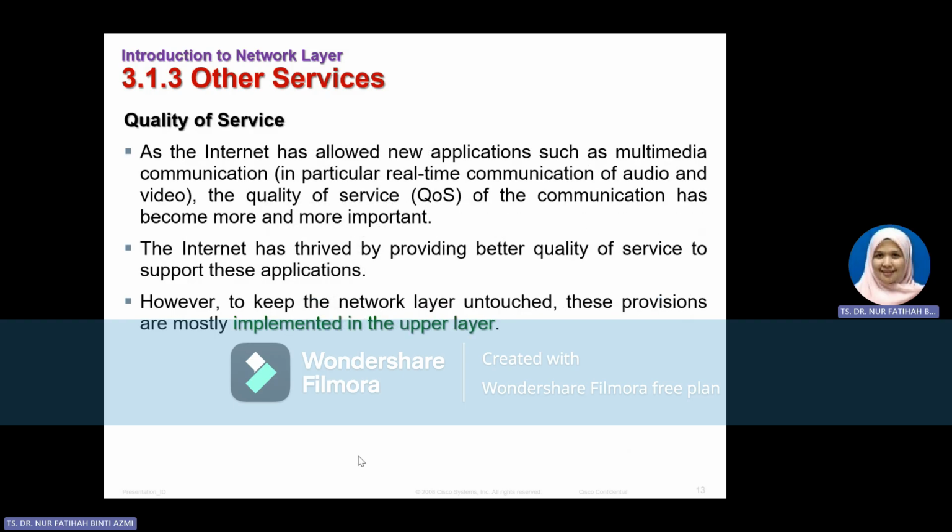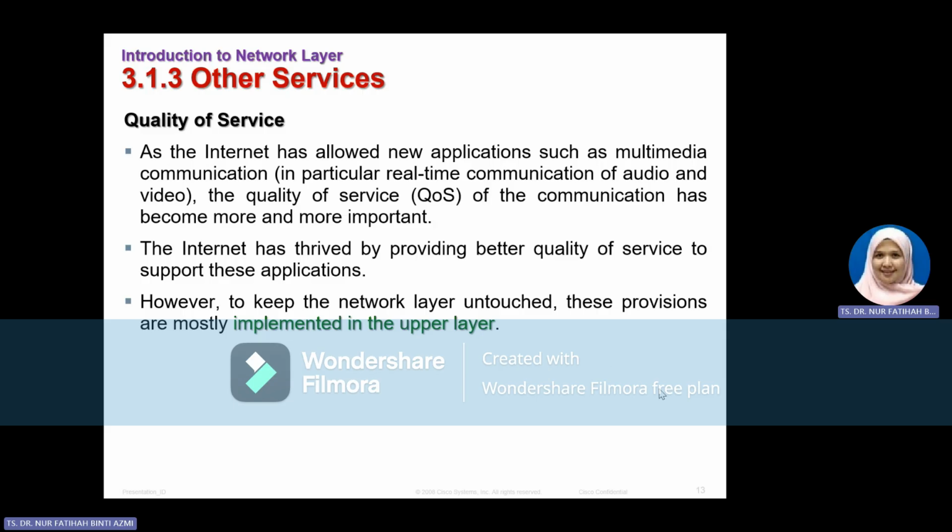And lastly, we need to know about QoS, the quality of service. For example, when we use applications like video calls or live streams that need fast and reliable services, this is where QoS comes in.